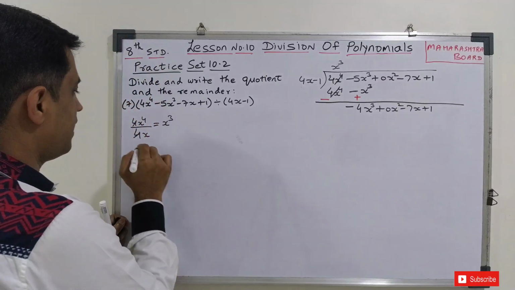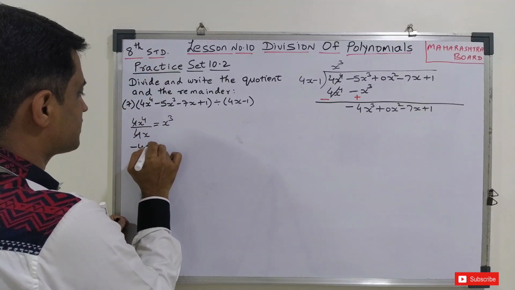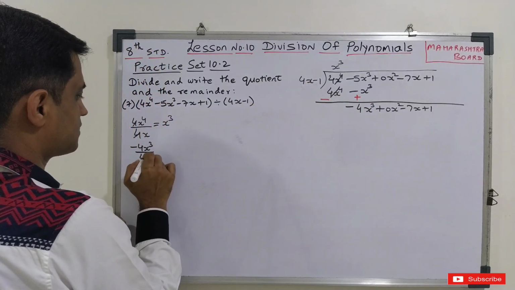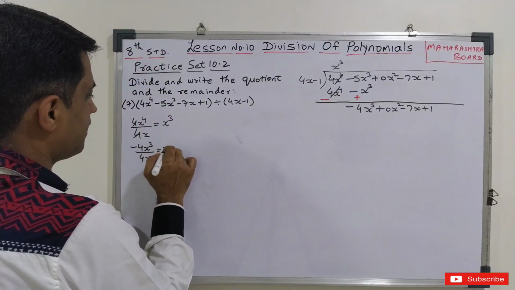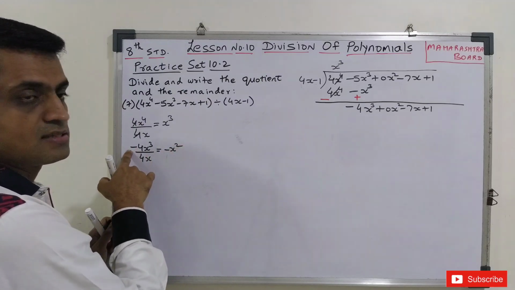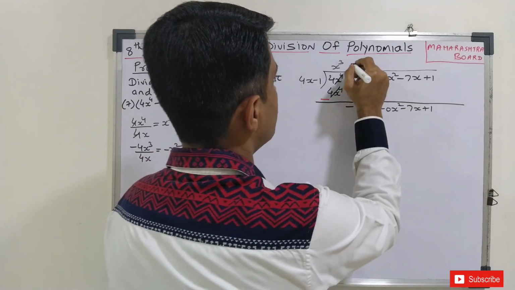Now let us divide again. Minus 4x cube divided by 4x. You will get minus x square because your minus is there. So you will get a minus x square.